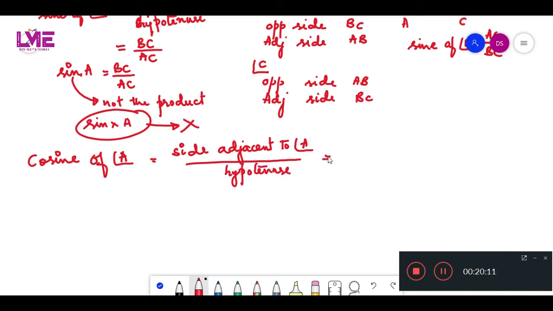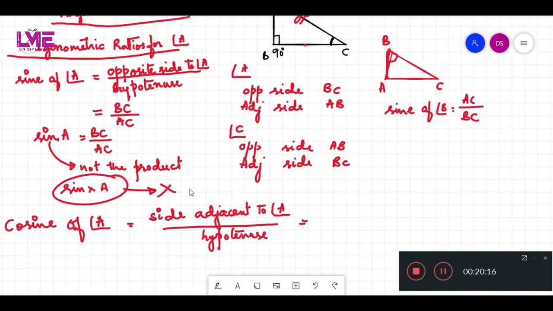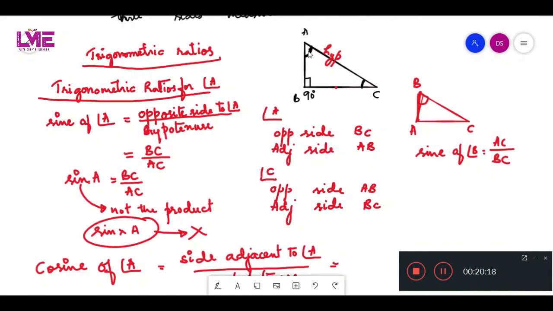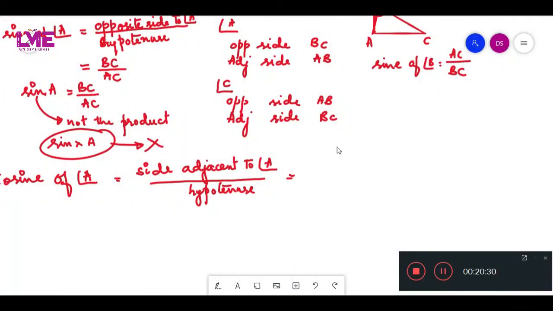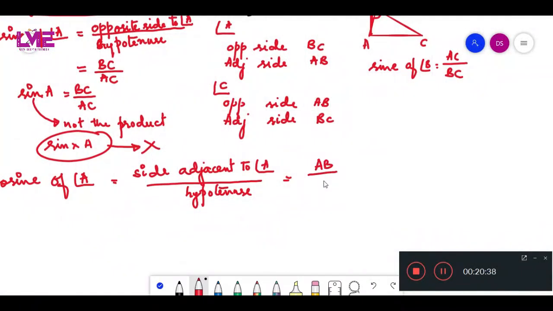In the same triangle, what is the side adjacent to angle A? This is angle A, and the adjacent side for angle A is AB. And what is hypotenuse? Hypotenuse is AC. So the ratio becomes AB by AC. So this is the second trigonometric function.